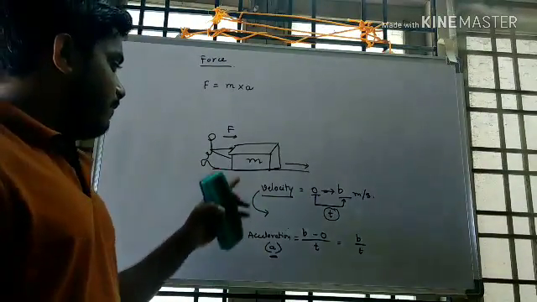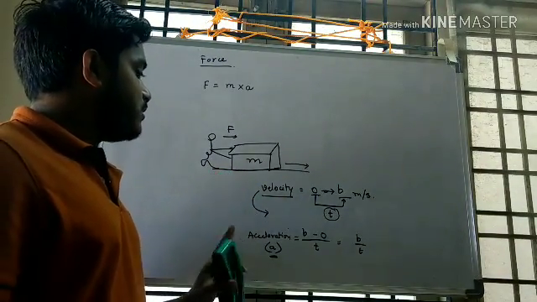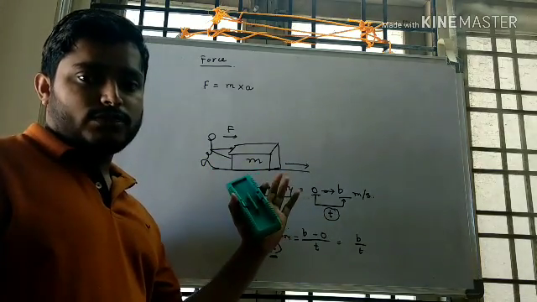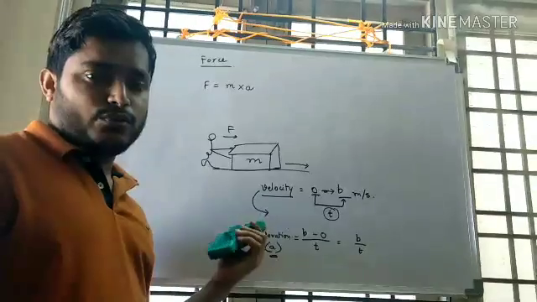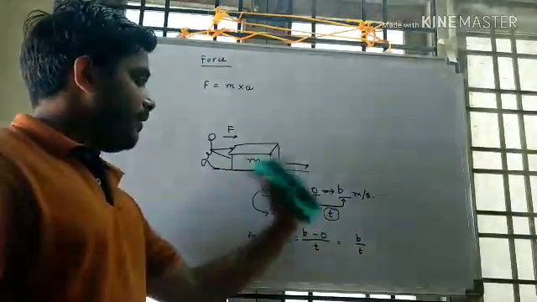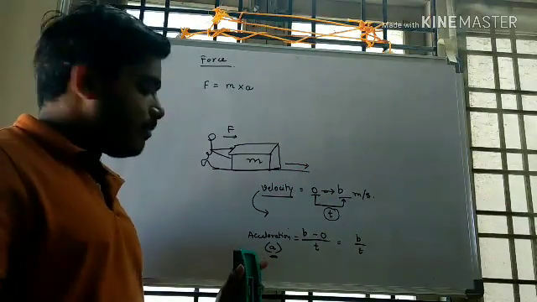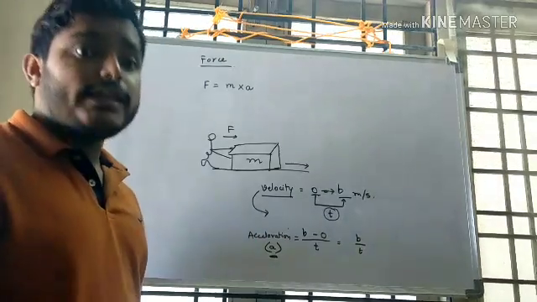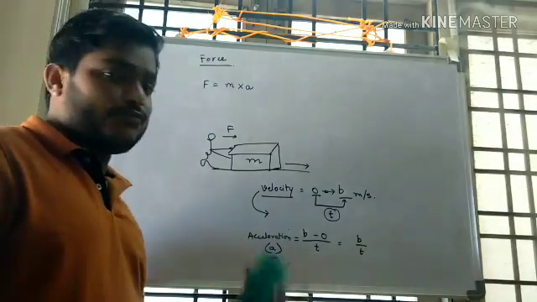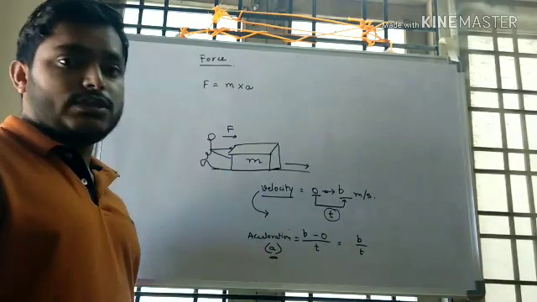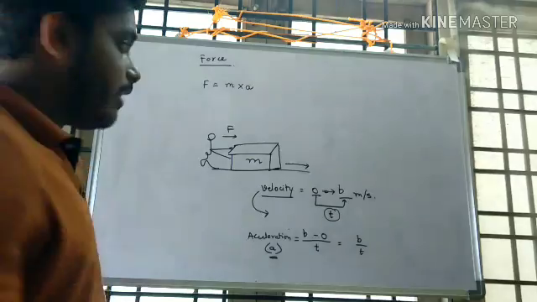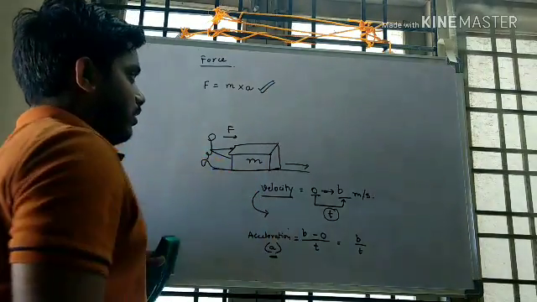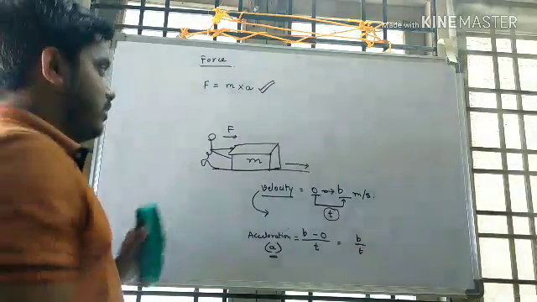So what happens in this case is the velocity of the object is changing from 0 to some positive value b, and in the meantime the object is having an acceleration. When there is an acceleration, that is a change of velocity for the object, there comes the discussion of force on the object.